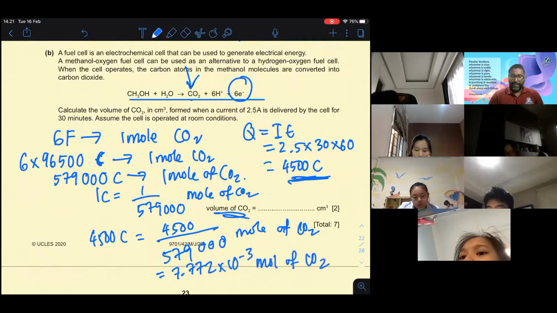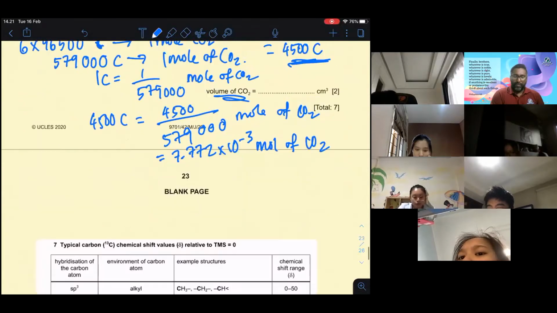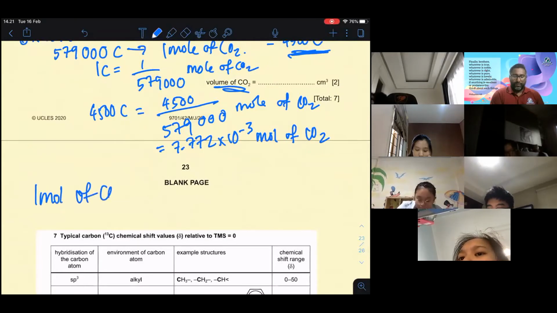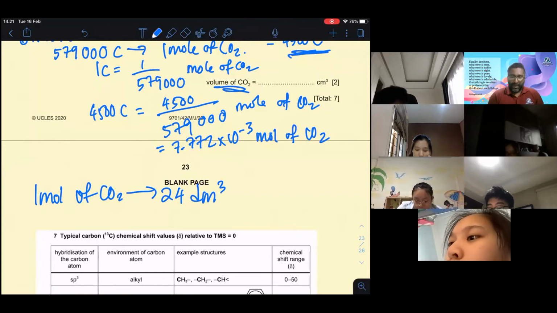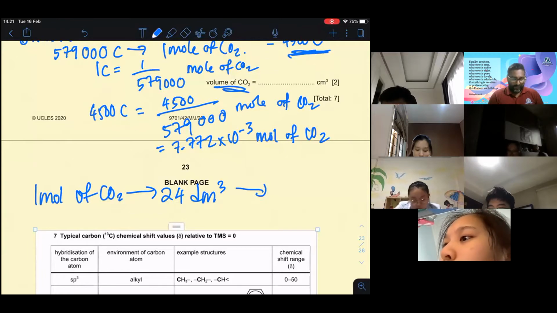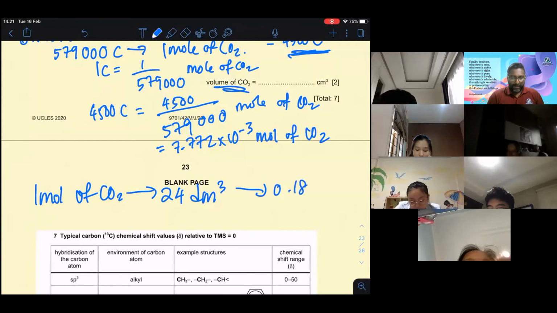I want volume, and I know that 1 mole of CO2 will occupy 24 dm cube of volume. So just times 24 times 7.77, I will get 0.1865 dm cube.